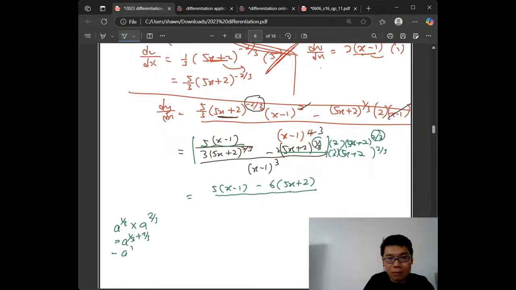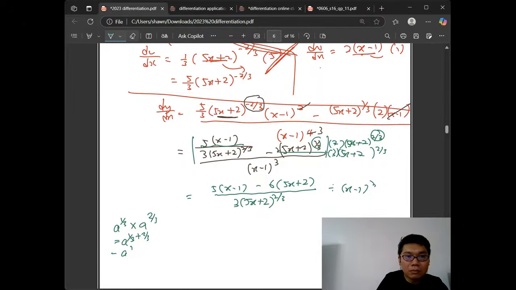And then the denominator will standardize as 3, 5x plus 2 power 2 over 3. And then if you're familiar already, you know this divided by x minus 1 power 3 is actually times 1 over this.